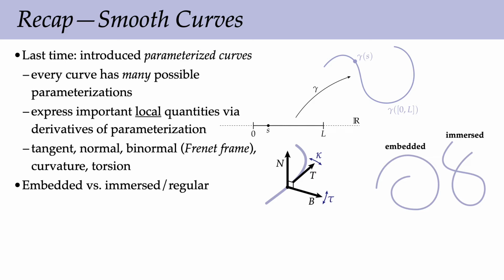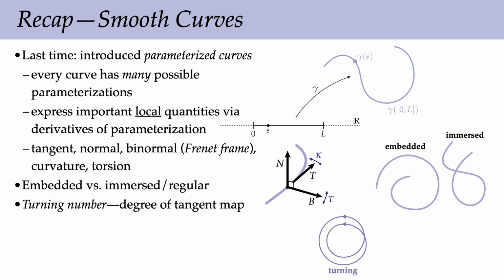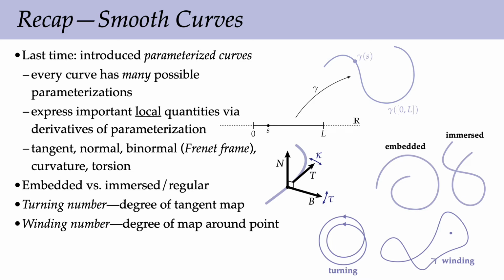We also noticed some very interesting things about curves in the plane, that they have two natural numbers associated with them, one being the turning number, the degree of the tangent map: as we walk around the curve, how many times does the tangent turn around? And the winding number, which for a given point in the plane says how many times the curve wraps around that point.